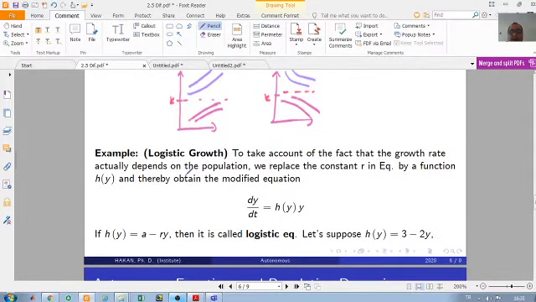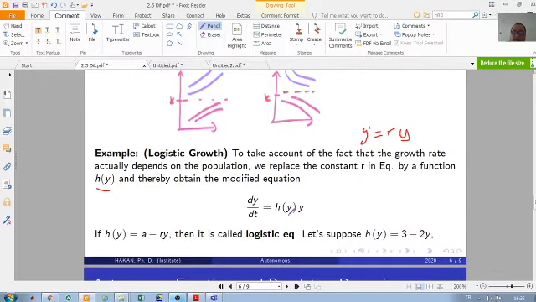For example, to take account of the fact that the growth rate actually depends on the population, we replace the constant r in the equation, namely y prime equals r times y, by a function of y, denoted h of y, and thereby obtain the modified equation dy over dt equals h of y times y.